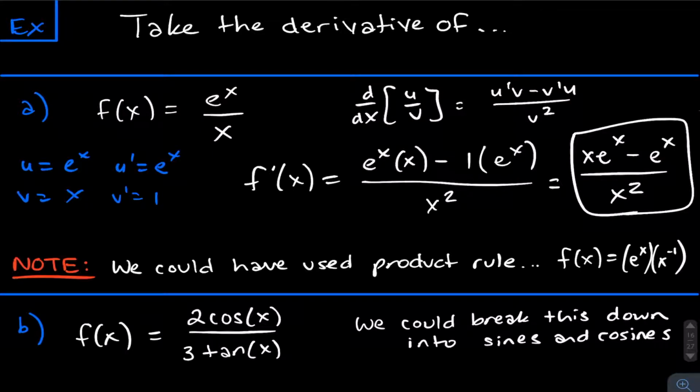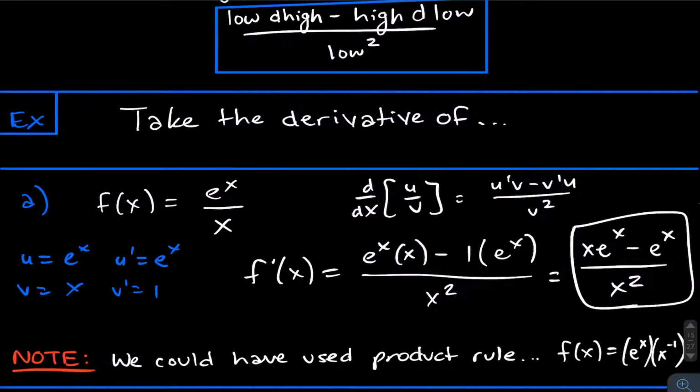It's definitely tedious because it's a bigger formula than the product rule, and that's why I think a lot of people don't like it, me included. But the reason I would rather do something else is because you can just do product rule. And that's a note that I have here. We could have just used product rule for this because we could have written this as f of x equals e to the x times x to the negative 1.